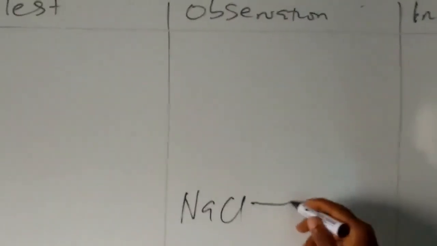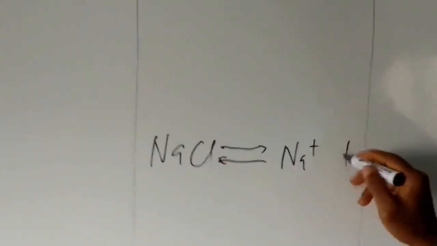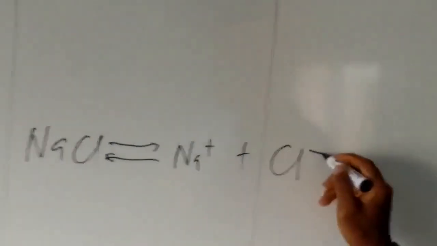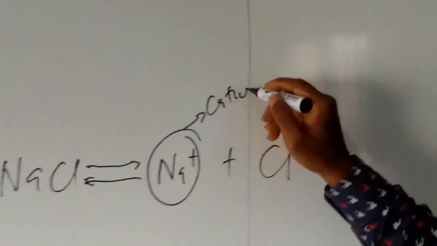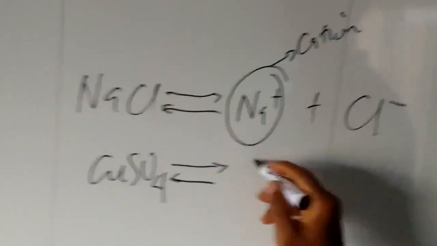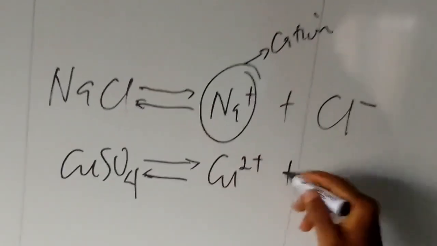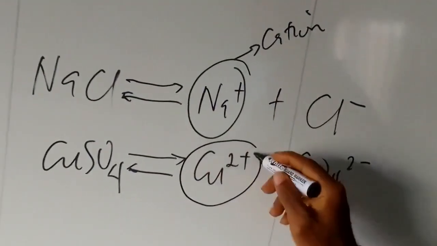When this salt ionizes in water, it breaks into sodium ion and chloride ion. So this positive ion is called a cation. Another example of a salt is copper sulfate. When it ionizes in water, it gives you copper 2 ion and SO4 ion. Copper 2 is also another cation.